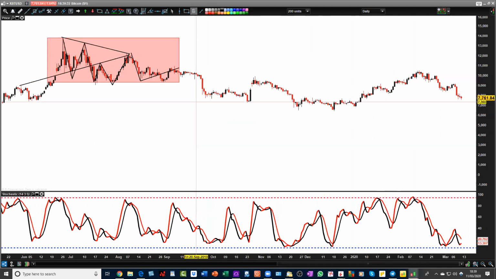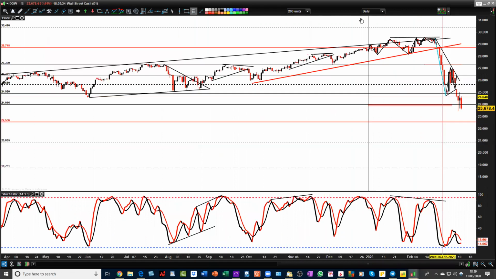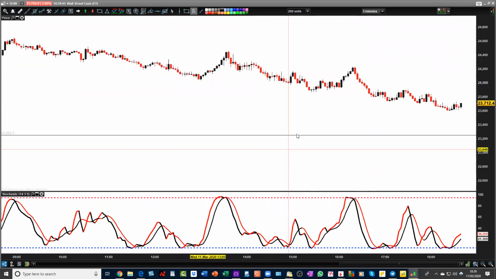Right, let's go right back to basics a second and talk about how we day trade. Let's look at the 3-minute chart. I don't use 3 minutes, but I know it's a clean chart because I don't use it, so that's why I picked it.